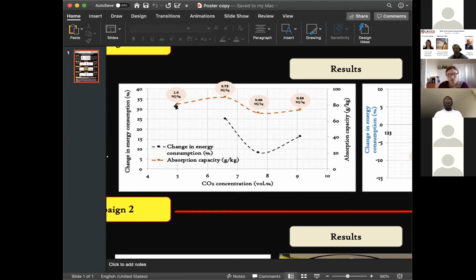Therefore, before 6.6 volume percentage of CO2, the solvent flow rate is too low to translate to any reasonable CO2 capture. And above 6.6 volume percentage, the solvent flow rate is high. That translates to lower residence time in the stripper and reboiler. Therefore, the stripping performance is very low.